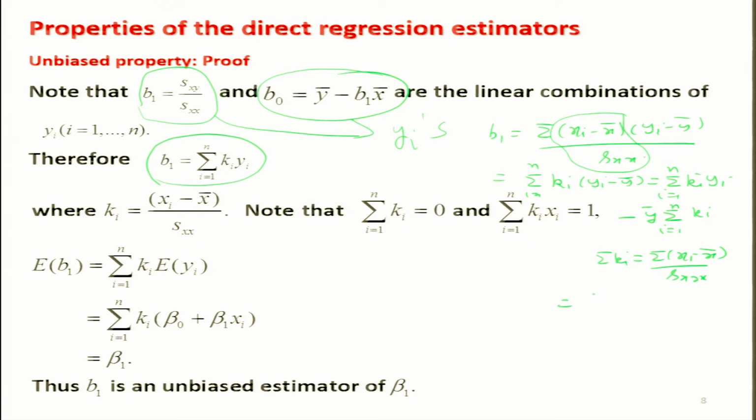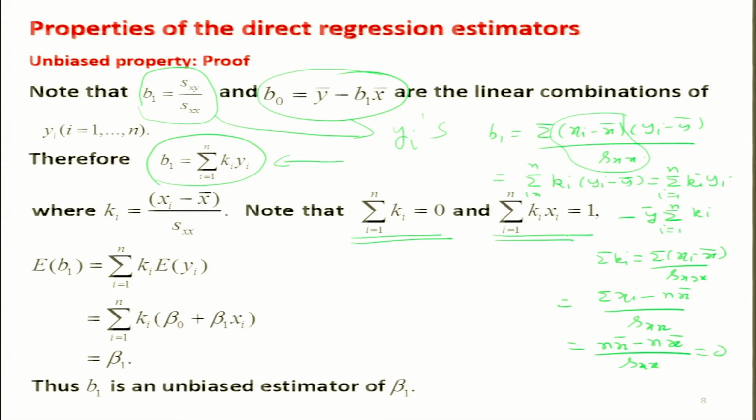So, this is summation xi minus n times x bar upon Sxx, and summation xi is n x bar, minus n x bar upon Sxx. So, this becomes 0. That is why I am writing B1 as summation ki yi, right. And you can verify that summation ki is equal to 0 and summation ki xi is equal to 1. Okay.